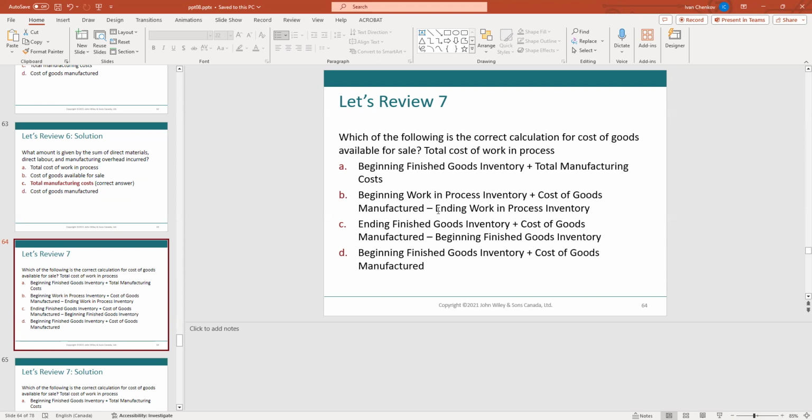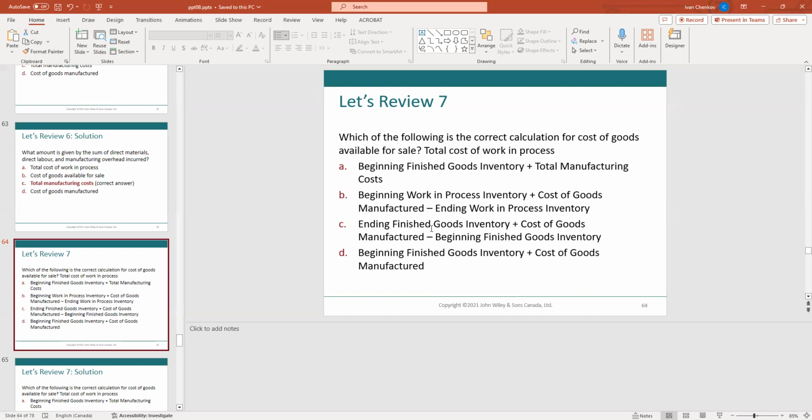So we're chasing something in the finished goods. Is the total manufacturing cost part of the finished goods? It's not. Total manufacturing cost is part of the work in process account. So we don't care about this. A is eliminated. And in finished goods, plus cost of goods manufactured, minus beginning finished goods inventory, no. It's not going to give us anything because that's even the wrong calculation.